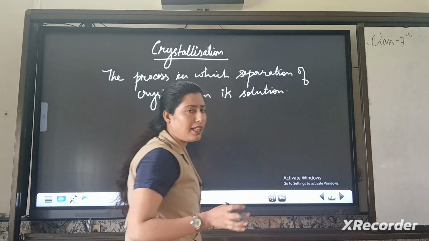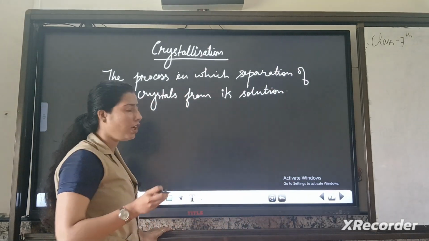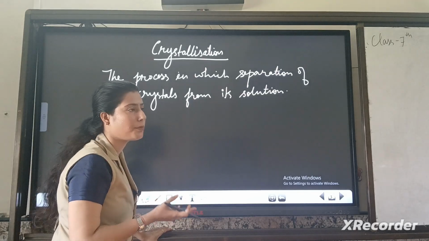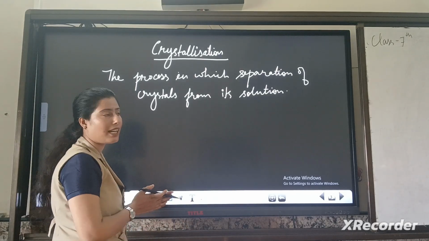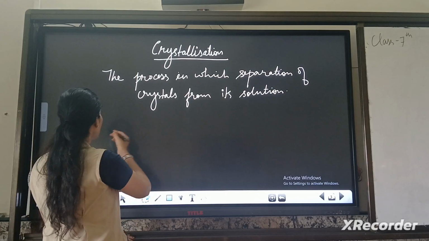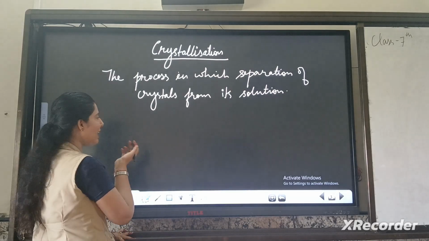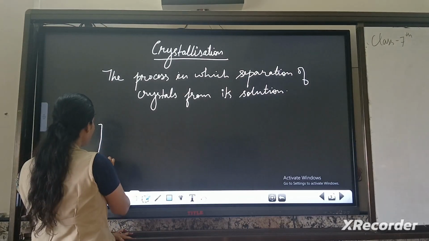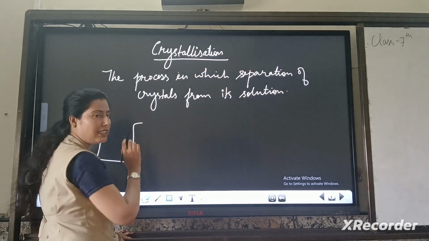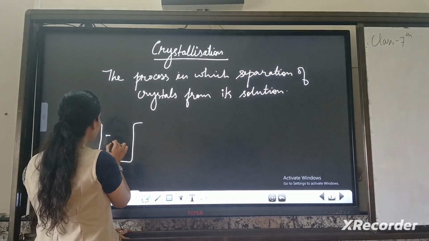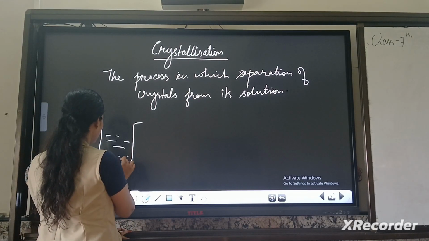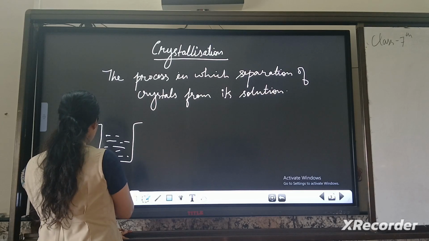What are the main steps followed during the crystallization process? I have taken the example of copper sulfate. So first, I have taken a container and filled it with water. What is in it?